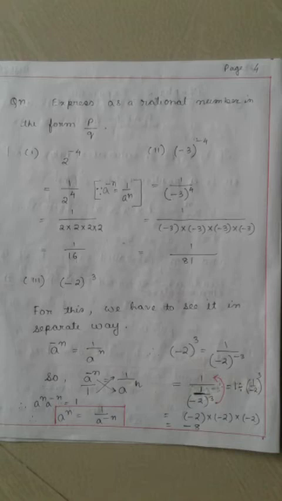So, in solving minus 2 to the power 3, we get that minus 2 to the power 3 is equal to 1 by minus 2 to the power minus 3, which is again 1 by 1 by minus 2 to the power 3. Minus 2 to the power 3 will be the numerator now. So, it is minus 2 into minus 2 into minus 2, which is minus 8.